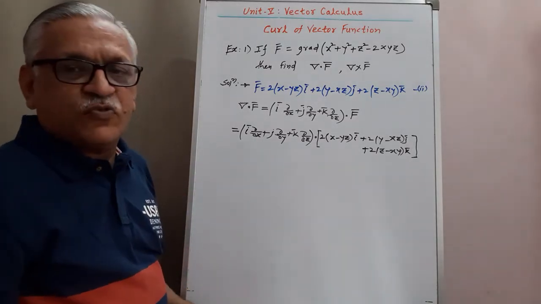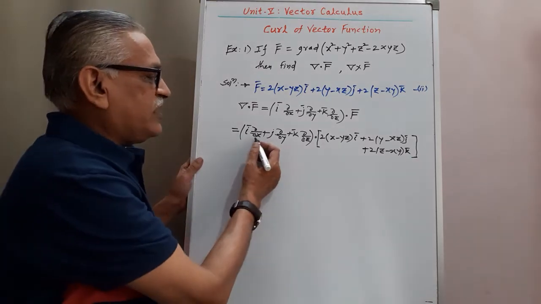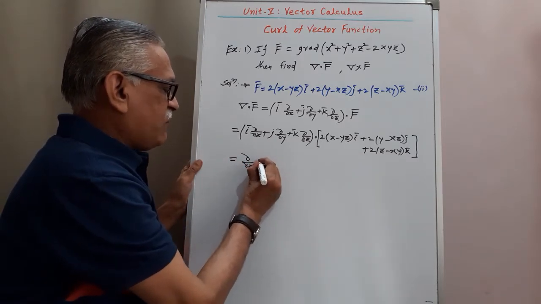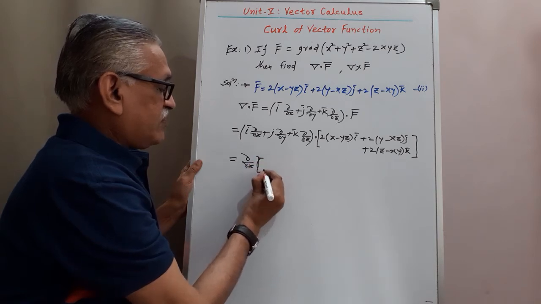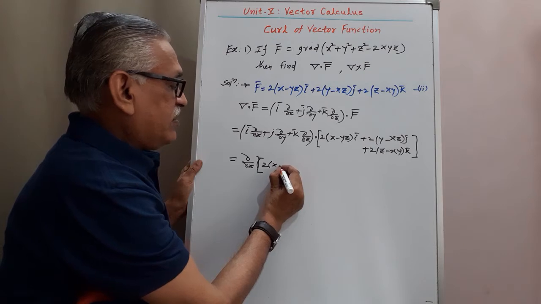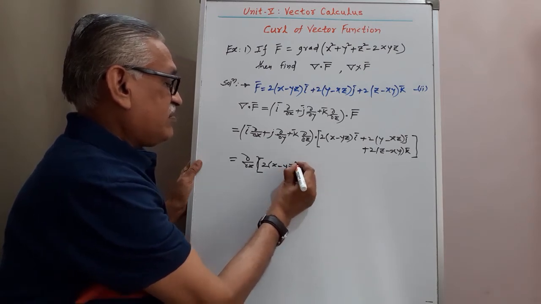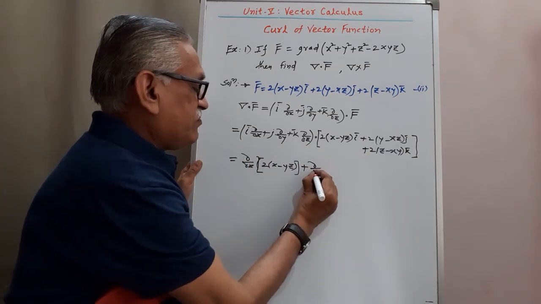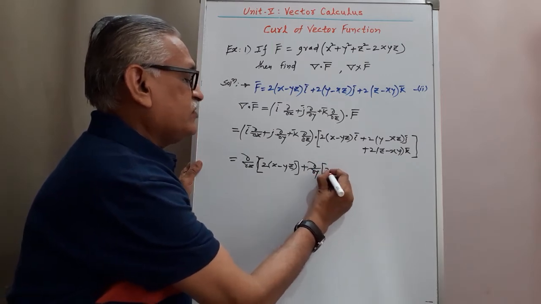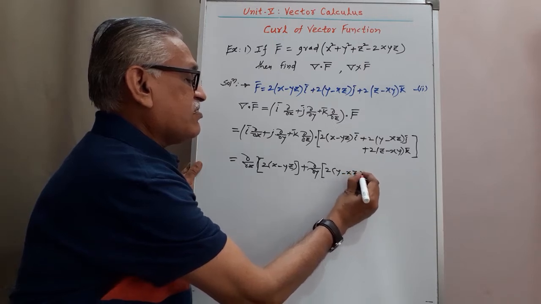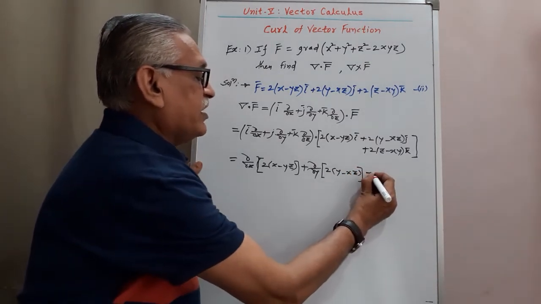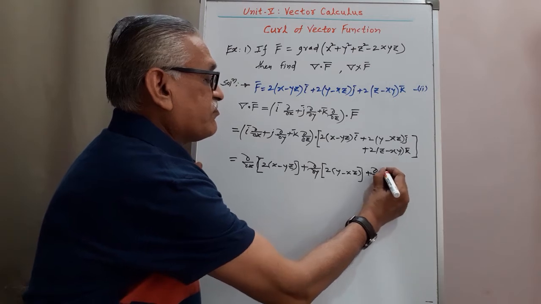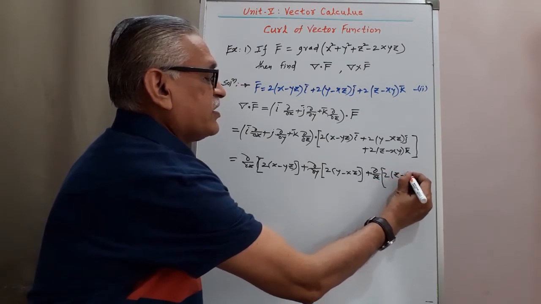And as it is a dot product of two vectors, applying that definition of dot product, a1 b1 plus a2 b2 plus a3 b3, we get it is dou by dou x of 2 times x minus yz plus, a2 b2 means, it is dou by dou y of second component, it is 2 times y minus xz, and plus a3 b3, operating on this, we get it is dou by dou z of 2 times z minus xy.